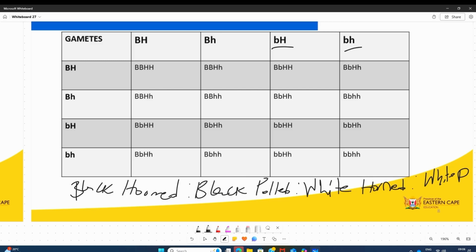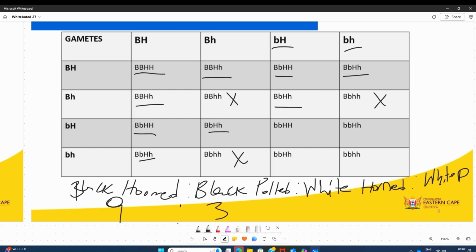Okay, let's count now. How many are black and horned? This is 1, 2, the one that is heterozygous is black and horned. 3, 4, 5, 6, 7, 8, and 9. These ones are the black and horned individuals. Now let's continue to black and polled. Black and polled, it's 1, 2, and 3.